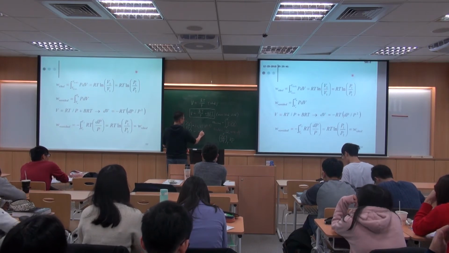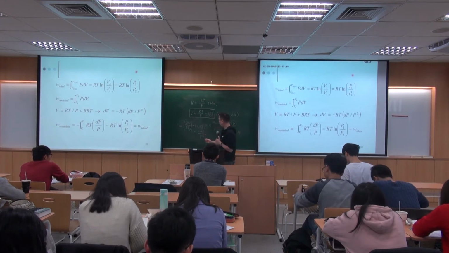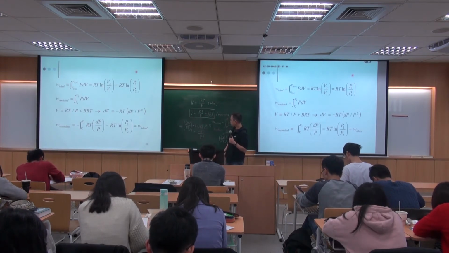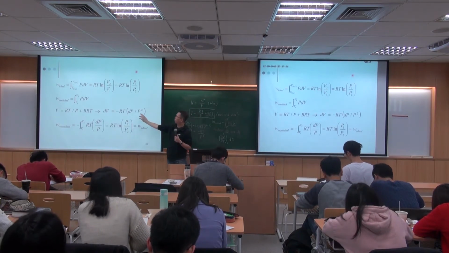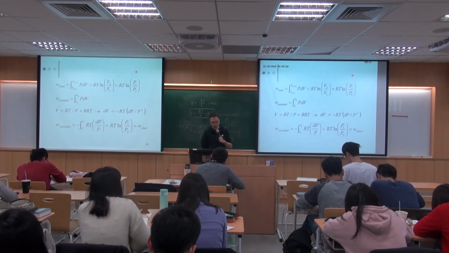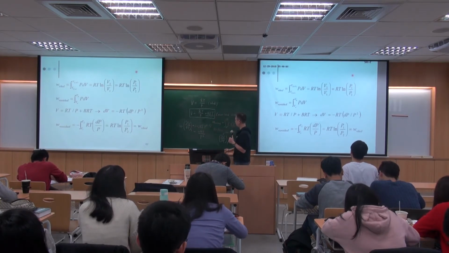Therefore, this is minus RT over P squared. So that's the reason why here you have this minus RT over P squared times dP. Right? Because once you have this, you can plug this back in.